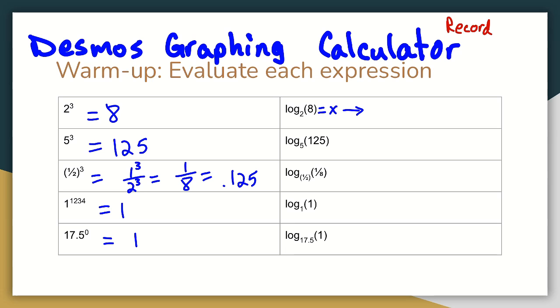Because that's log base 2 of 8 equals x, it's base 2 to the x power is equal to 8. So what that says is 2 to what power equals 8? Well, 2 times 2 times 2 is 8. So that's x. So that's just x equals 3. Or the answer to the simplified version of the original expression is 3.